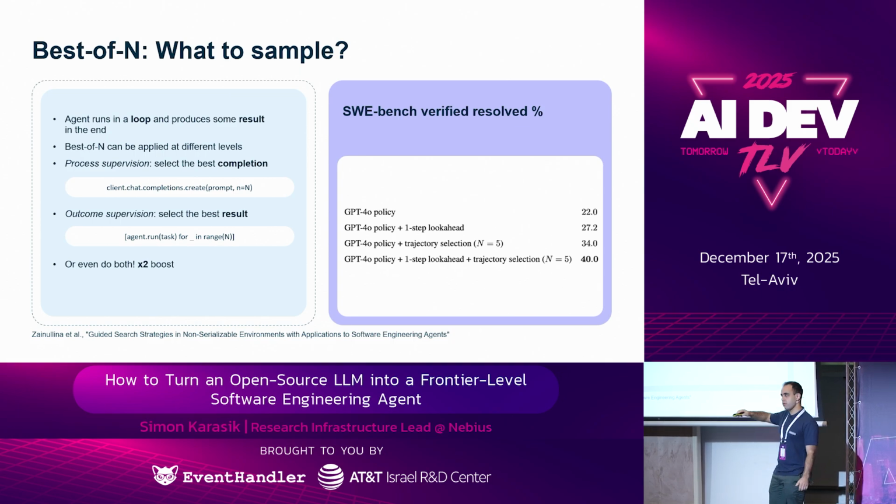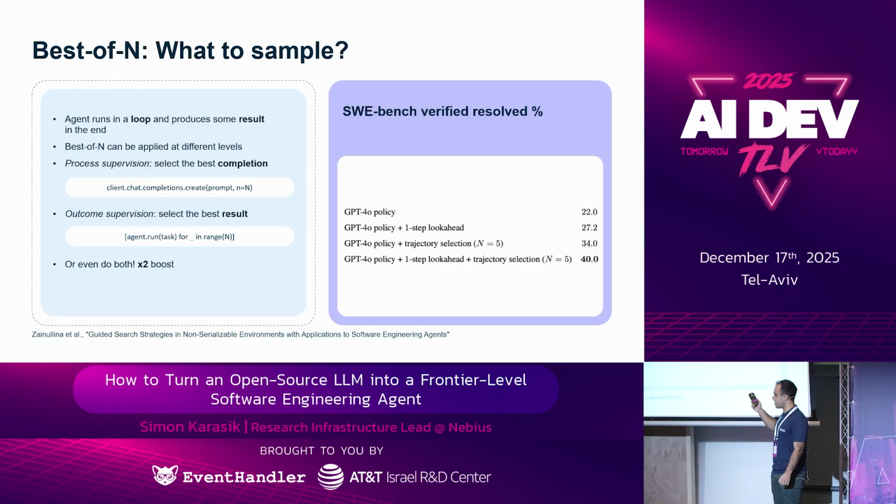It will produce several results, and some of them will be better than others. In the case of software engineering agents, it means that we will have several pull requests, and some of them will be better. And so we can combine this technique on both levels. We can select the best action, and we can also select the best result.